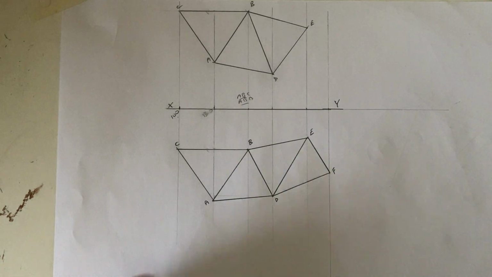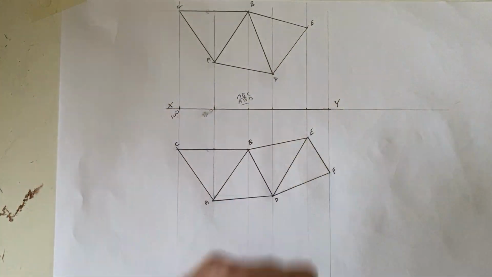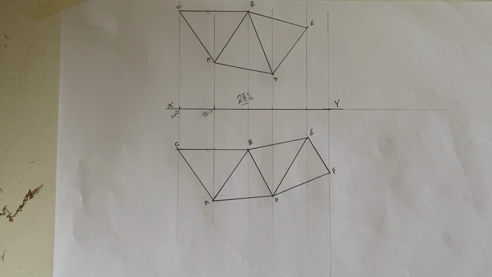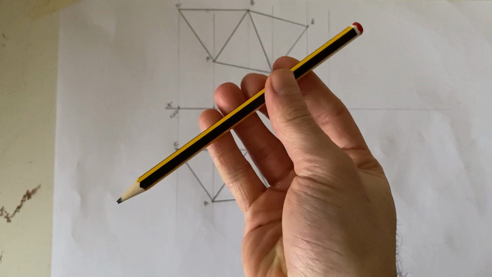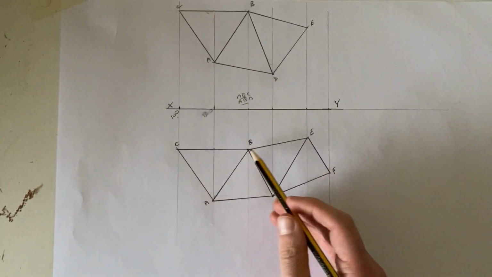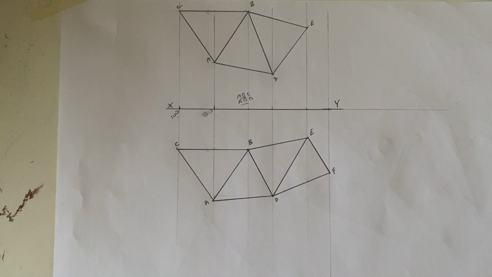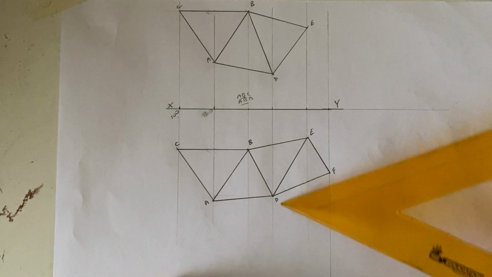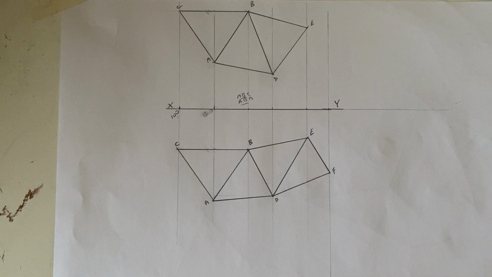So the first thing we're going to do is look perpendicular to AB, see the true length of it. When we see the true length of any line, and then we look perpendicular to that, we see a point view, which will give us an edge view of the two surfaces to give us the dihedral angle. So we have AB, and we go in perpendicular to that first.